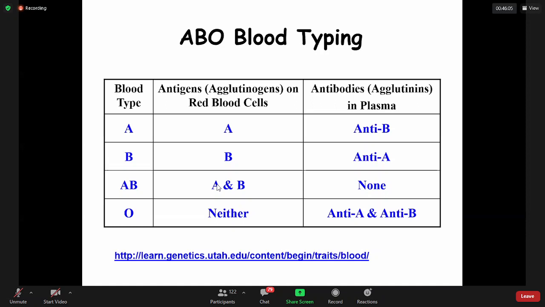If you're blood group B, you have antigen B and antibody anti-A in your blood. If you are blood group AB, you have antigens A and B and no antibody. If you're blood group O, like myself, you have neither antigen A nor antigen B, but you have anti-A and anti-B.